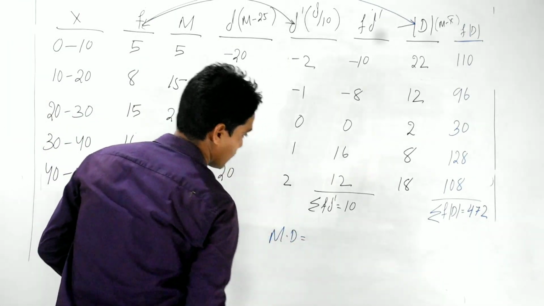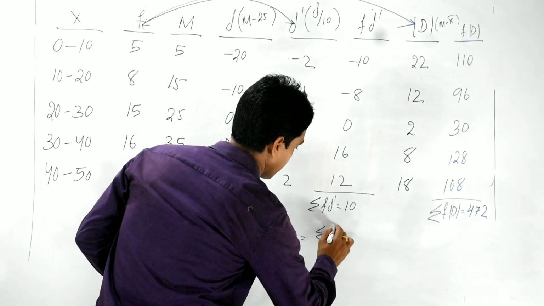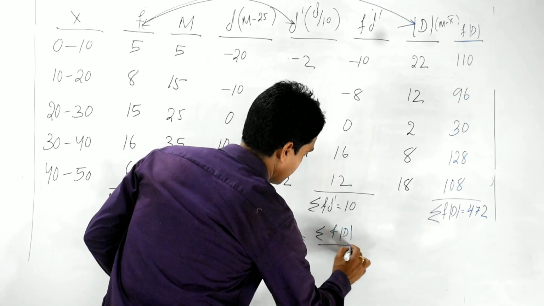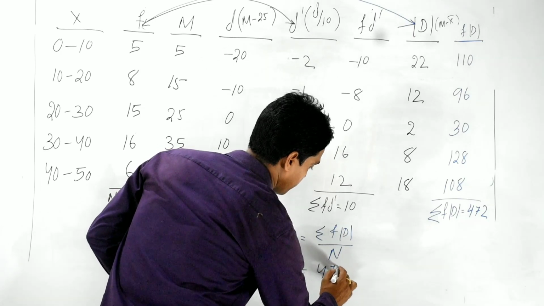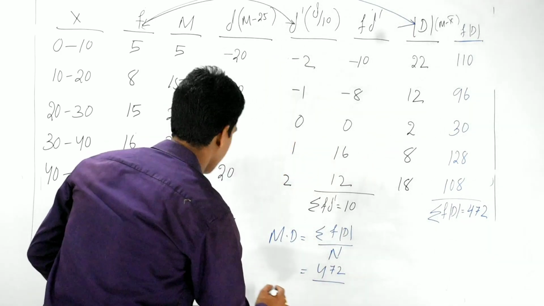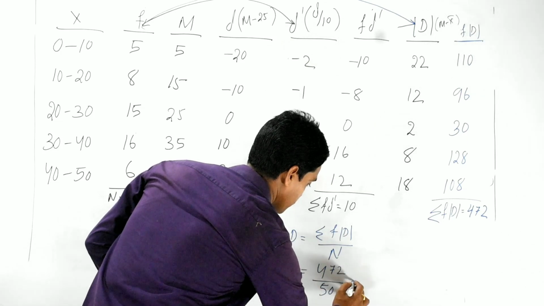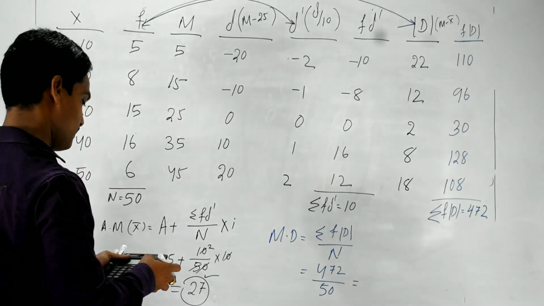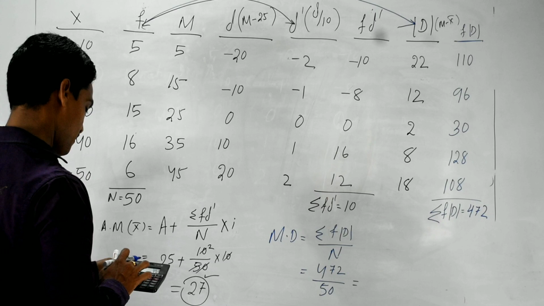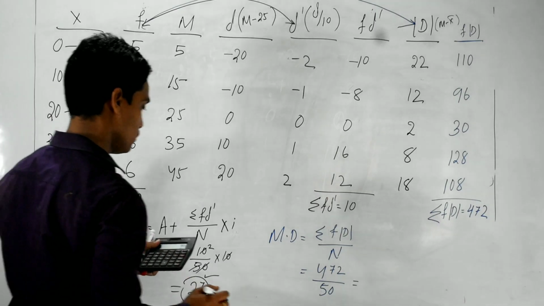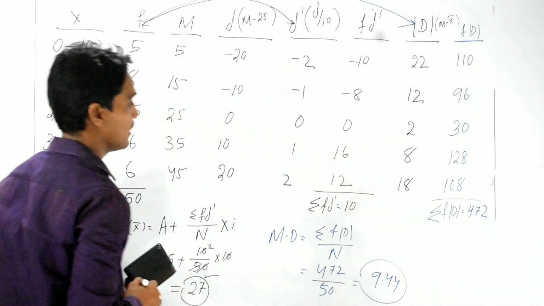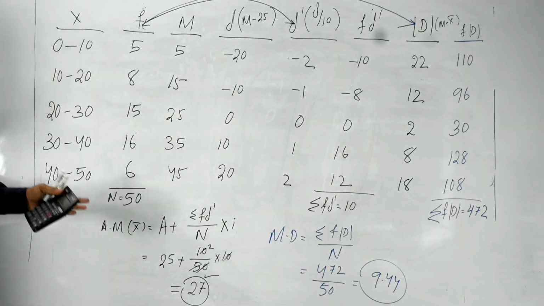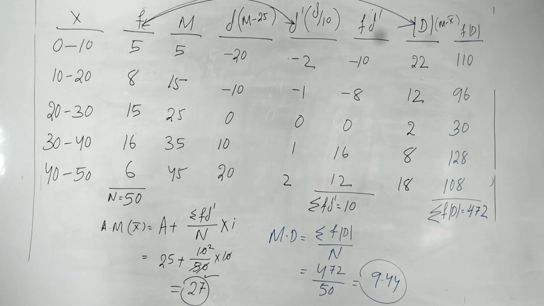So mean deviation equals summation f d mod divided by n. f d mod is 472 divided by n, which is 50, equals 472 divided by 50 equals 9.44. So mean deviation of the given series is 9.44.